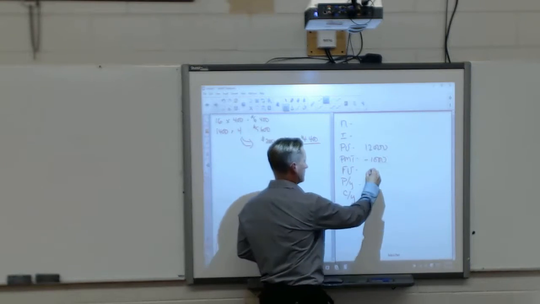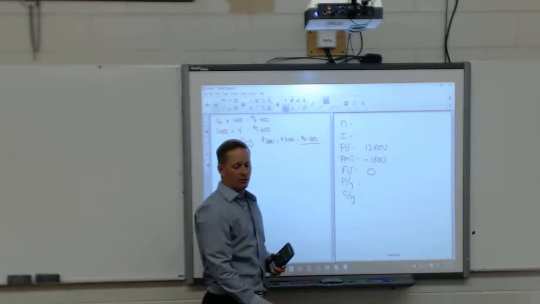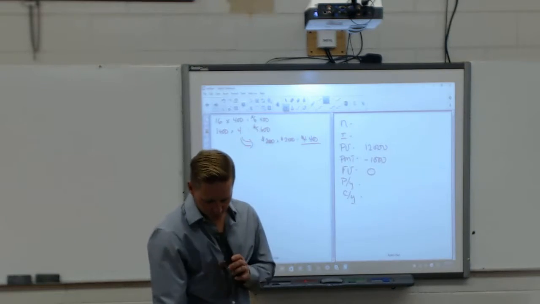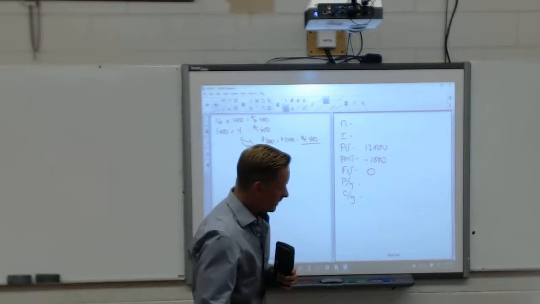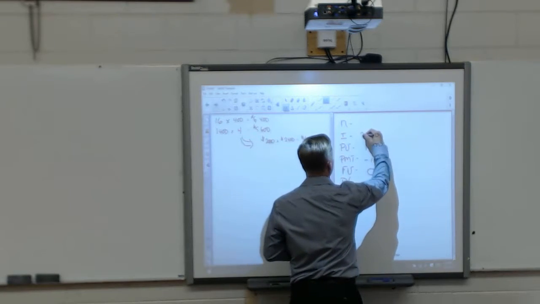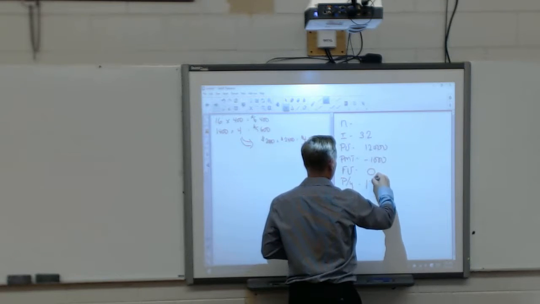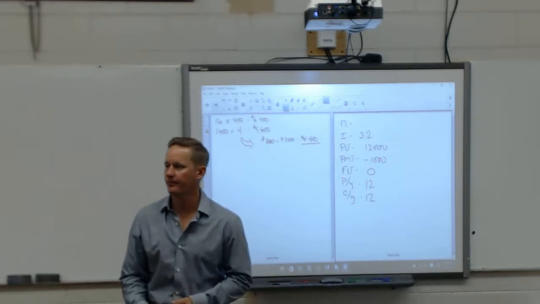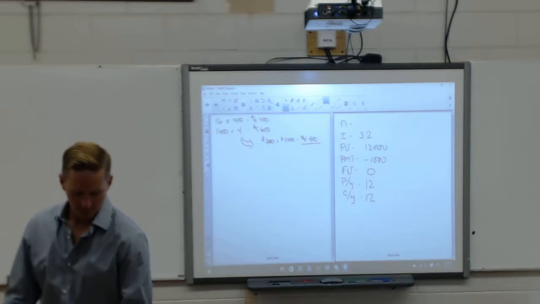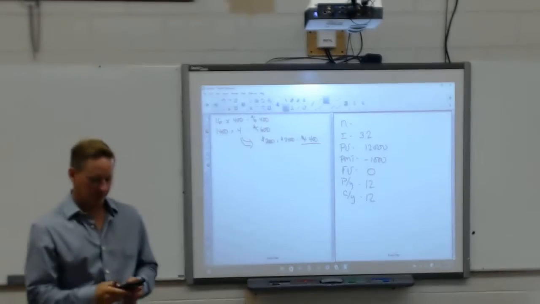The future value is going to be 0, right? 3.2% interest, compounded monthly. 12 and 12. So let's find out the number of payments it's going to take for her to pull this off. Okay, so calculate the number of payments first.